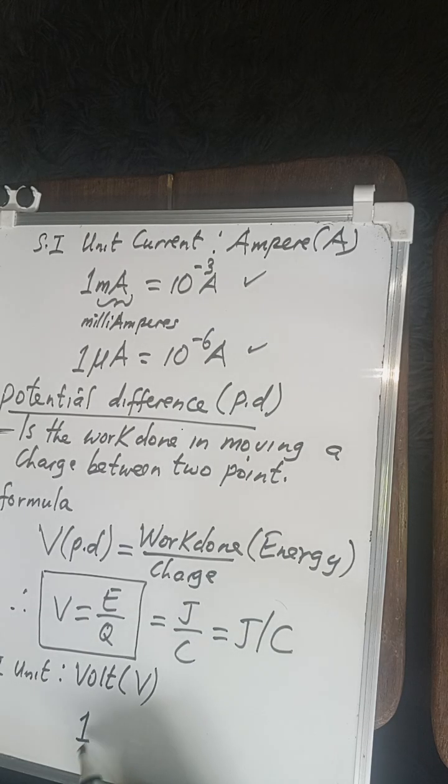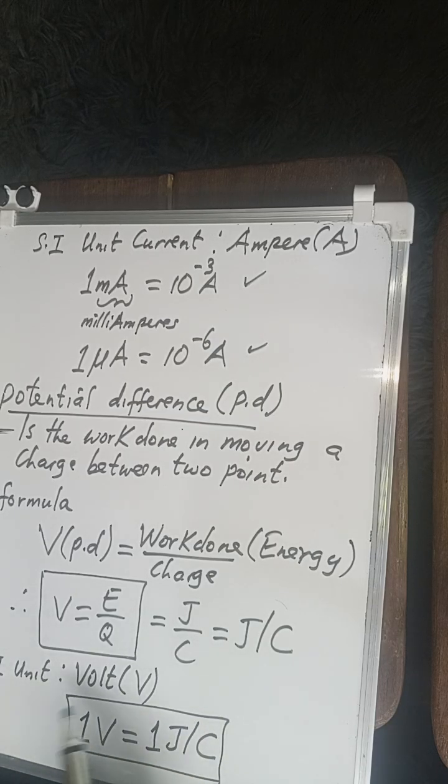Well, 1 volt is the same as 1 joule per coulomb. So that's the relationship that you need to remember. Sometimes we can ask you to define a volt. A volt is simply the work done, 1 joule per coulomb. That is what we can simply say if we were to define it.